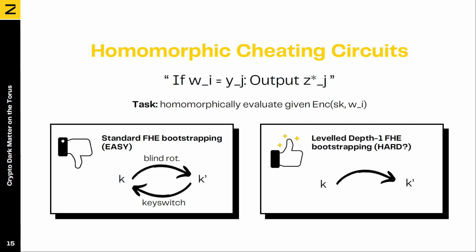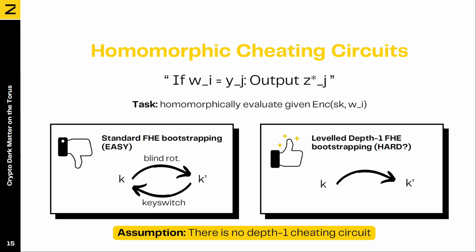So we only need to give the server the ability to bootstrap in depth 1, in which case we end up with an assumption that there is no depth 1 bootstrapping cheating circuit. This is a heuristic assumption, and the depth of this assumption depends on the depth of the programmable bootstrap of your homomorphic evaluation for the PRF.